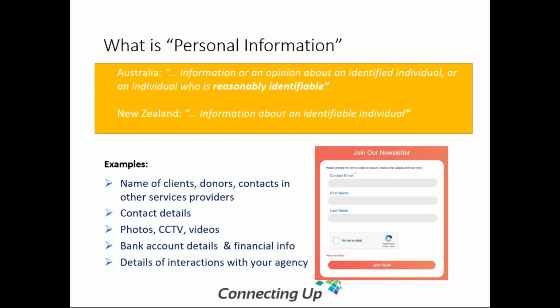So you need to think about all the other information that you might hold and whether that can reasonably be aggregated, and if it can, then the data, even if it's not by itself sufficient to identify an individual, will be regarded as information about an identifiable individual.